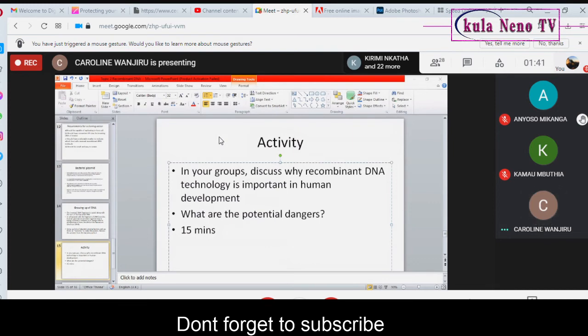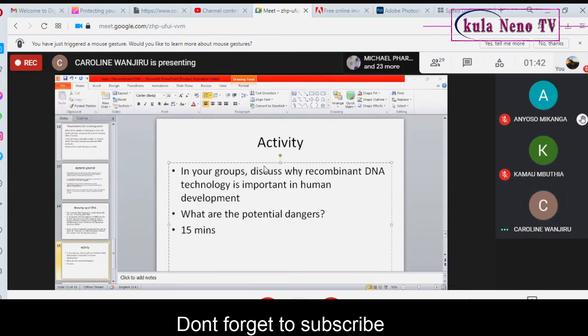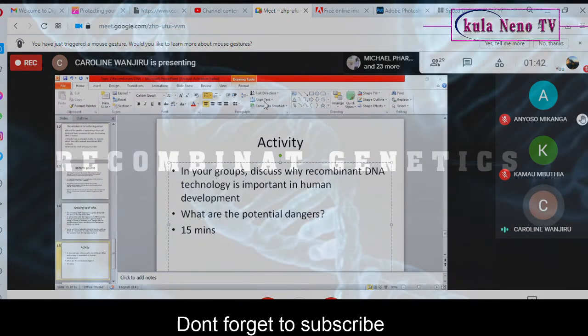Yes, because I'm not understanding the importance of this recombinant DNA with human. Okay. That is why this group discussion is important. I just want to weigh how much you're understanding. So probably if you don't understand, your classmate has understood.